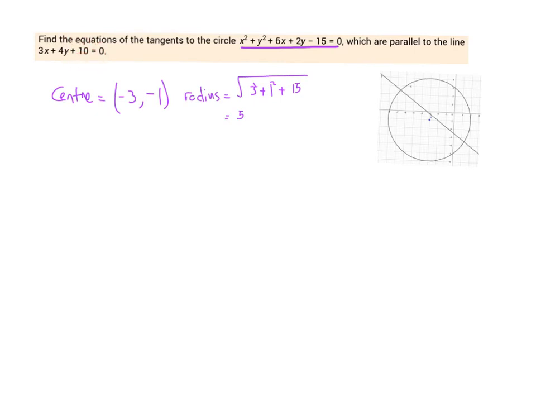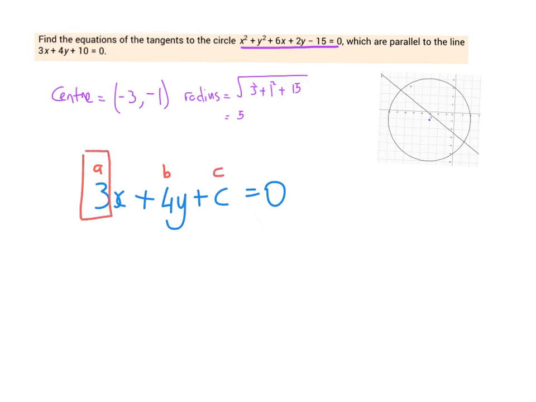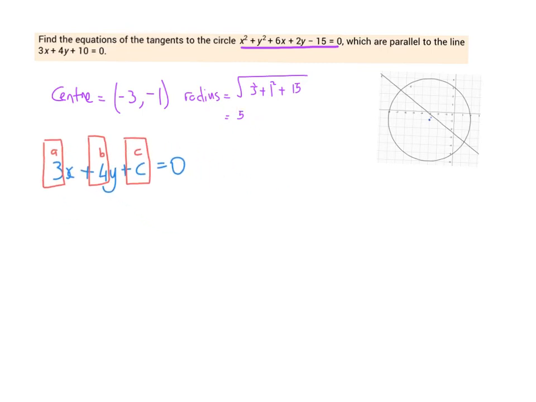So very similarly to what we have done before, we have our equation of our line, so a, b, and here is c. We know the perpendicular distance from it to the center of the circle, x1, y1 here, is going to be equal to the radius. So again, just using our perpendicular distance formula, this time we will solve for c. So I'm just labeling this up here as x1, y1.